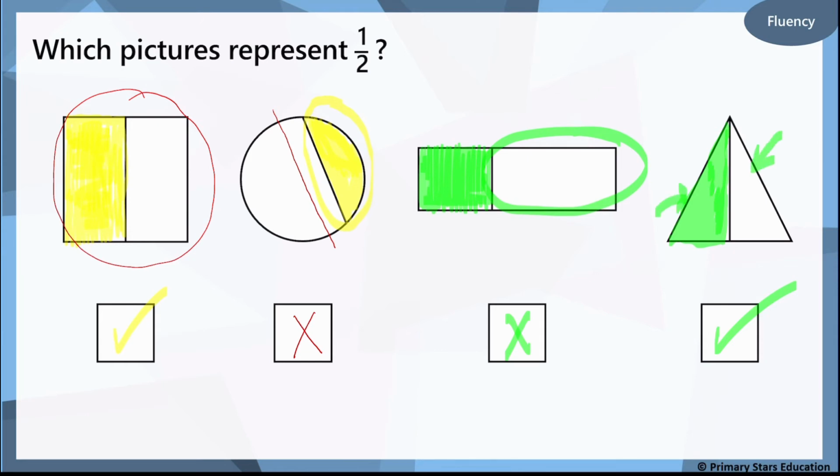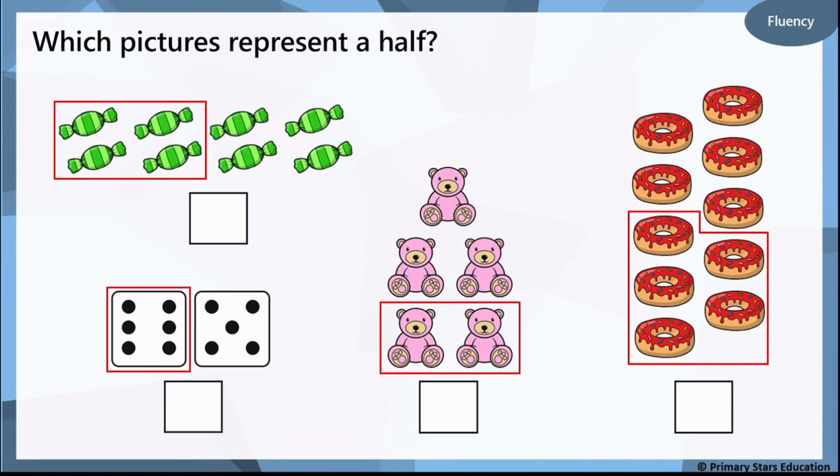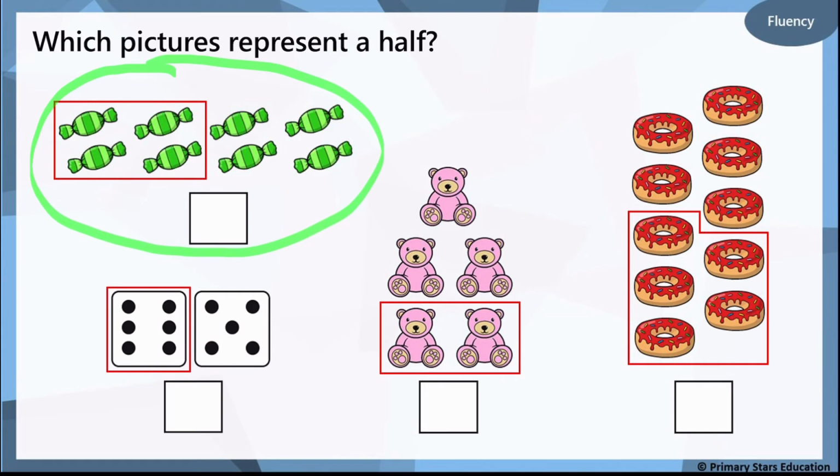Well done, year 2. This time we've got pictures and we need to answer the questions. Which pictures represent a half? So we're going to do some counting to help us, okay? Let's start with the sweets first of all. How many sweets have been shown as half? 1, 2, 3, 4.